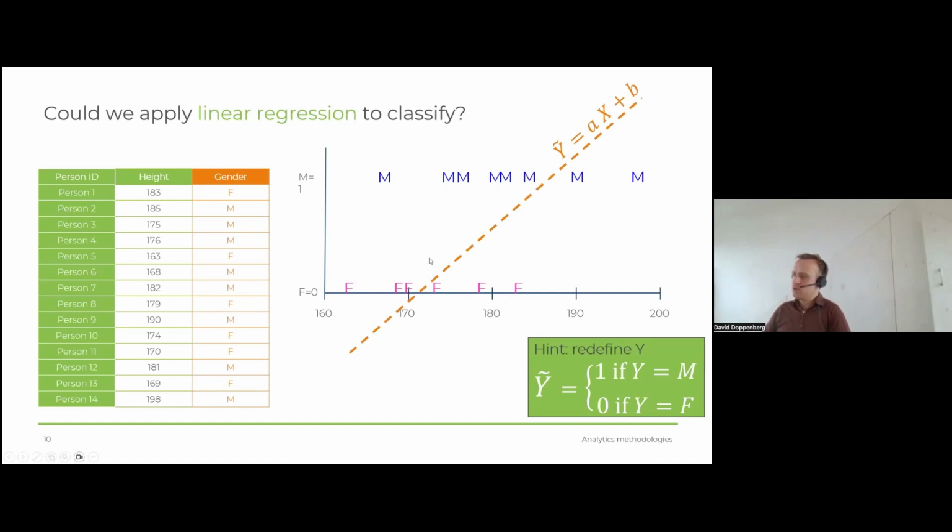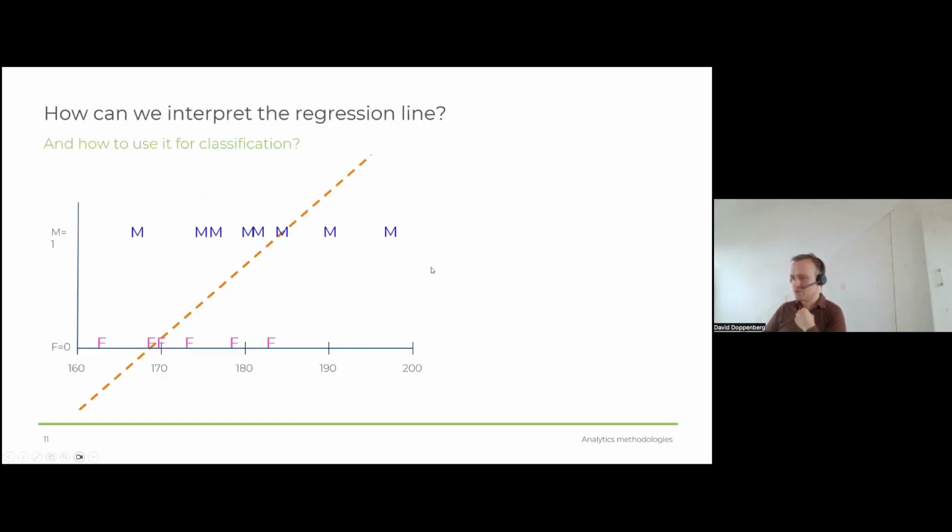If you use linear regression, of course, you get some kind of straight line. In this case, it makes sense that it increases, because there are some M's that are really in the upper right corner. Basically, this model can also make predictions for us.